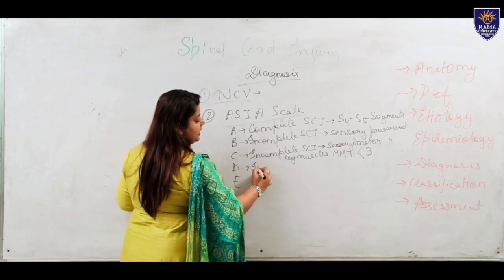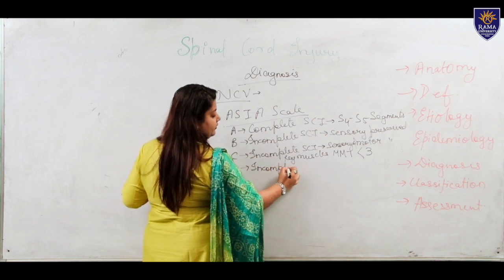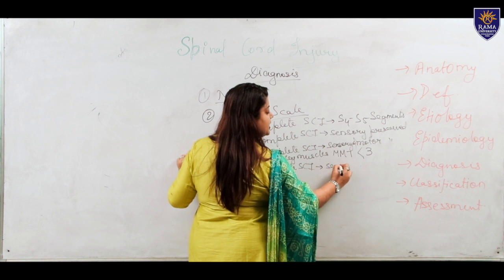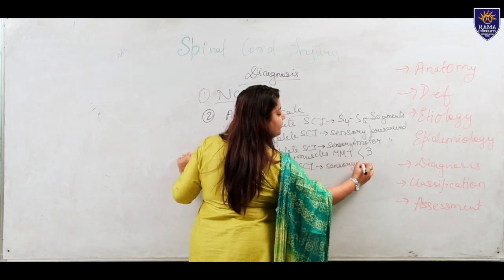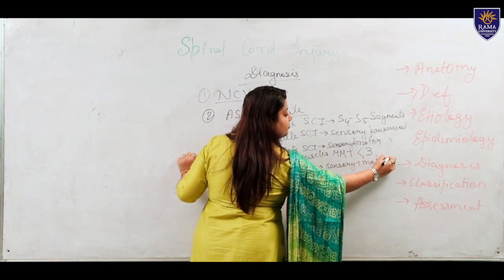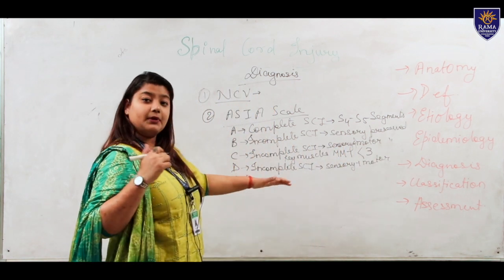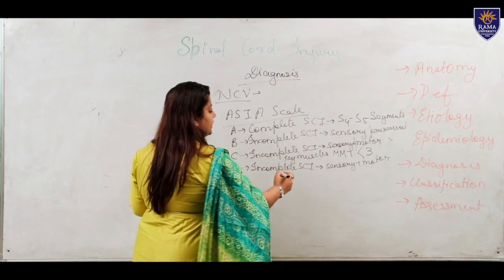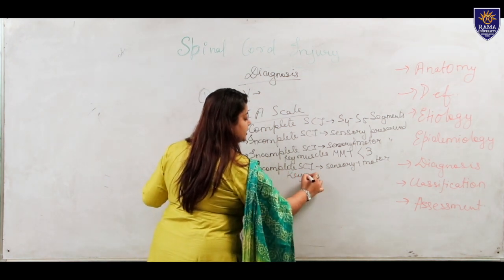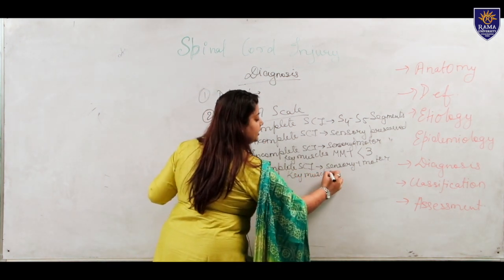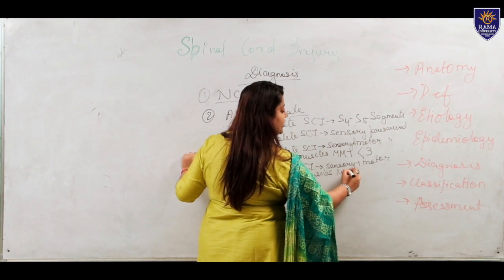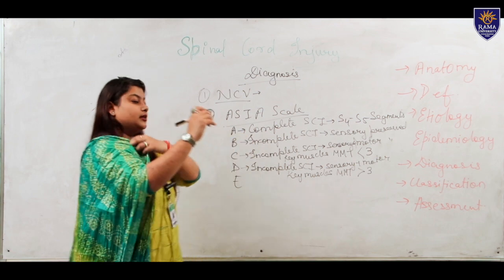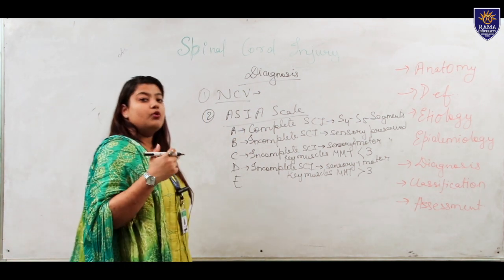Next, D is incomplete spinal cord injury, in which sensory plus motor functions are preserved, as we saw in category C. But in this category, the key muscles MMT will be more than 3.